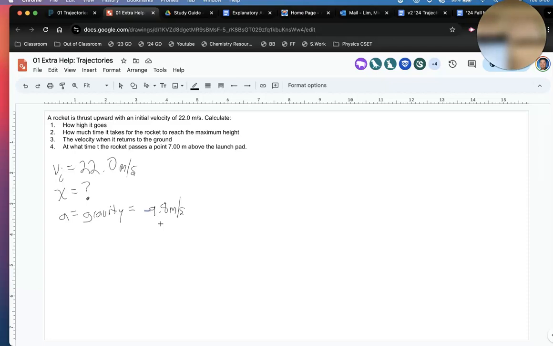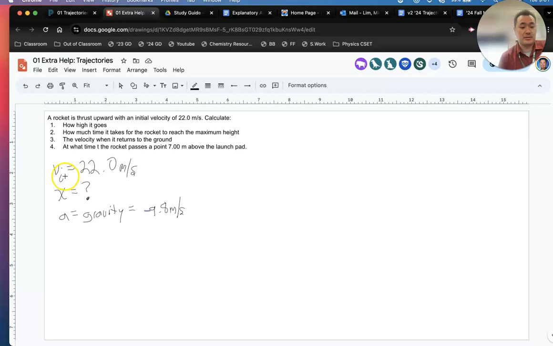So if gravity pulls things down, you're going to say it's negative all the time. Also, if something is slowing down, that's called deceleration or negative acceleration. So it's not only going to pull down our rocket as it plunges back down to Earth, but it's also going to slow it down while it's trying to thrust up into the sky.